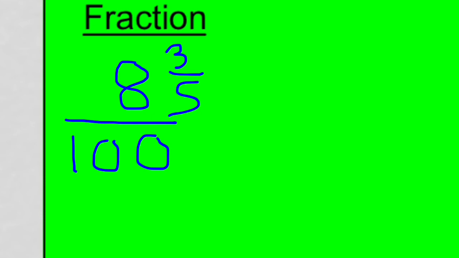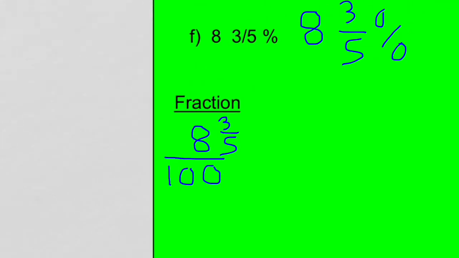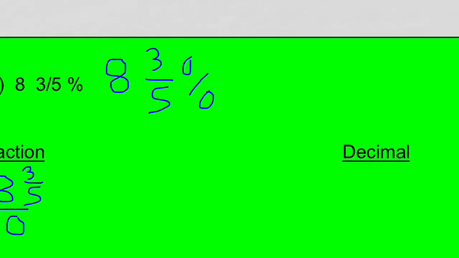Now, this is the correct math, but it's not the correct form. It's this 3/5 part that's the problem. So we're going to do the same thing that we did last time. Hopefully you can recognize that you can take 3/5 and make it its decimal equivalent. You might know this already, or we might have to do a little math, make it out of 10 by times by 2 times by 2.